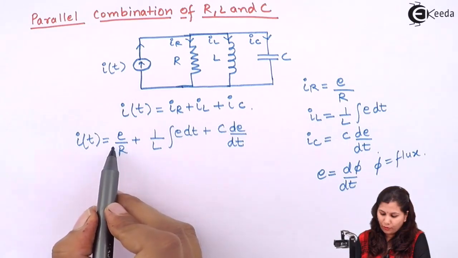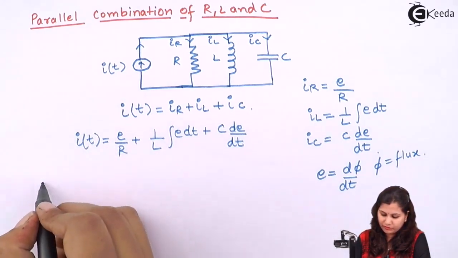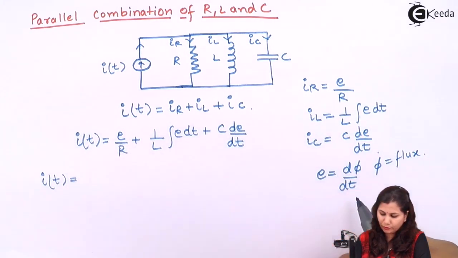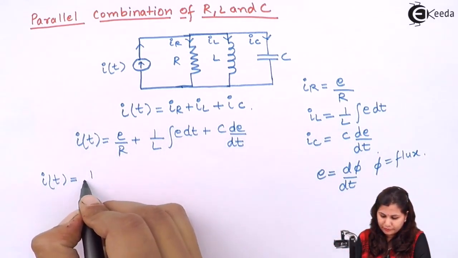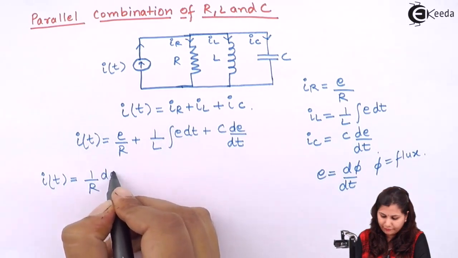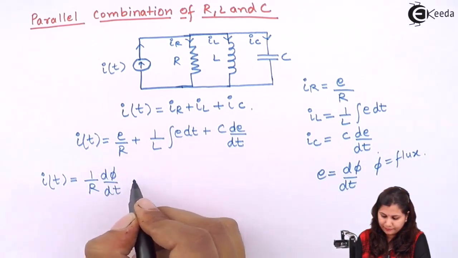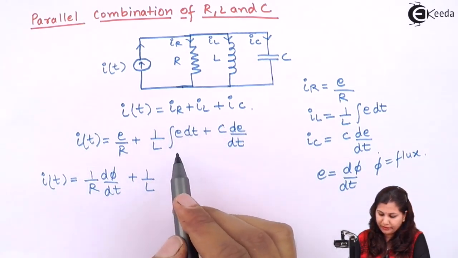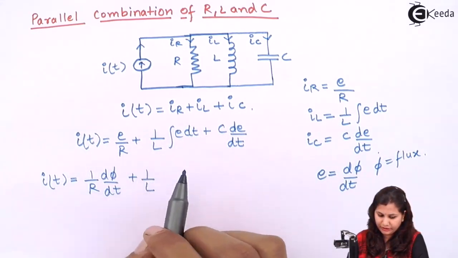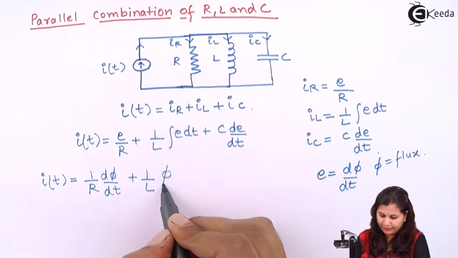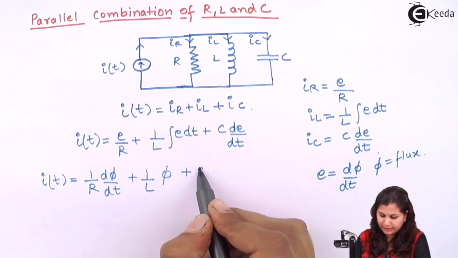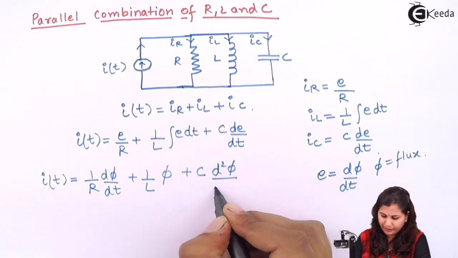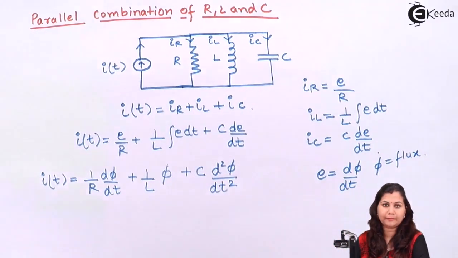So putting the value of E in this equation, we will get IT equals to, E is d phi by dt, so it will be 1 by R d phi by dt plus 1 by L integration of d phi by dt with respect to dt, which will be phi, plus C dE by dt, which will be d2 phi by dt square.